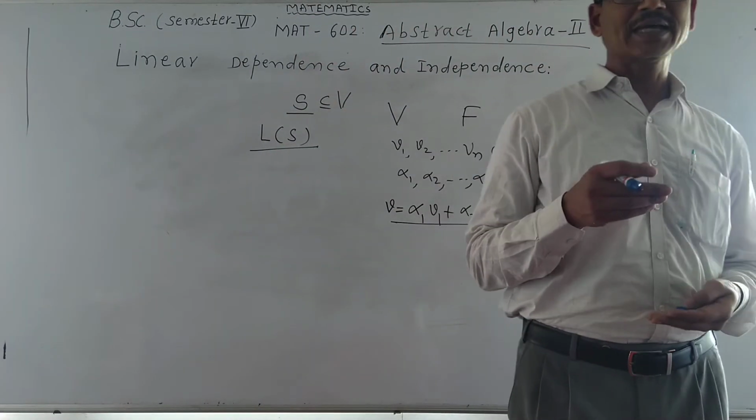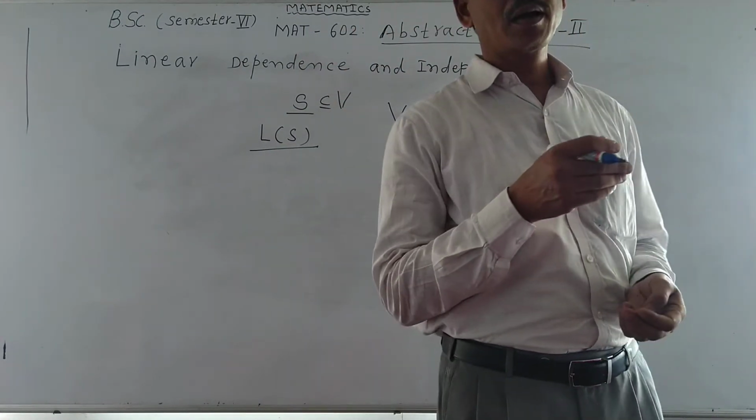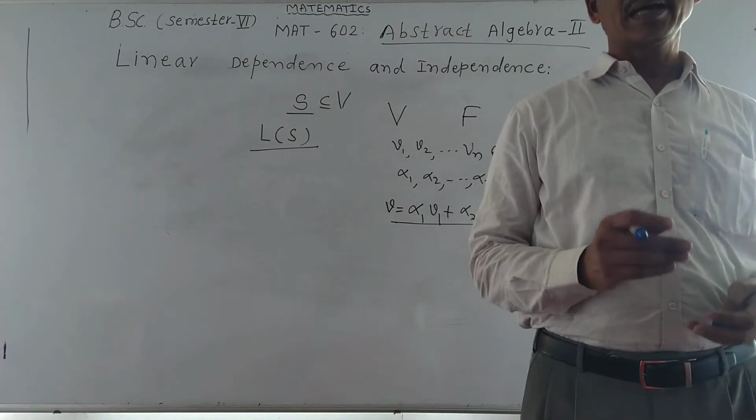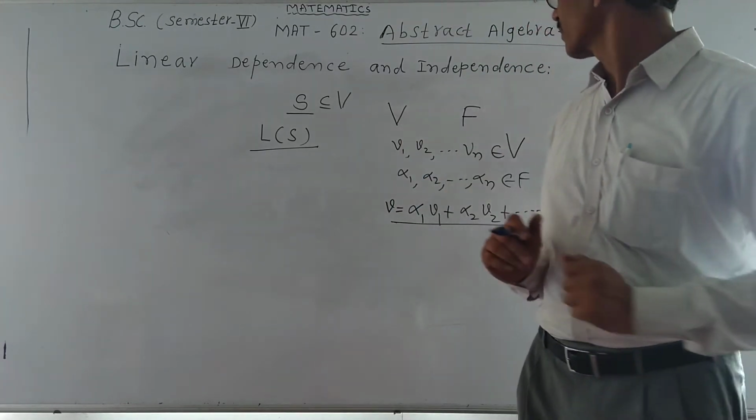Linear span of S is the set of all possible linear combinations of elements of S. Okay?